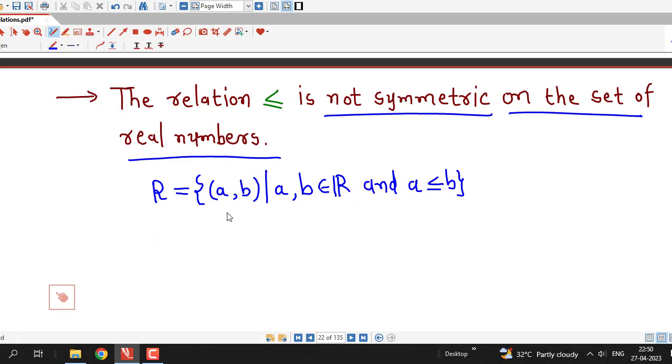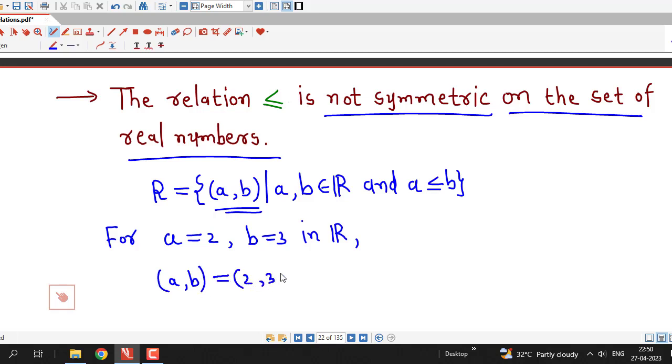So we can find one pair which is present in R. For example, if we take a equal to 2 and b equal to 3 in R, we have the ordered pair (a, b) equal to (2, 3), which is present in the relation because 2 is less than 3.